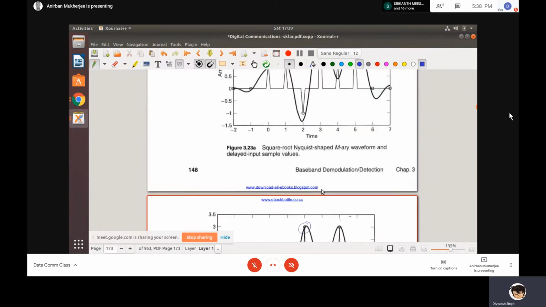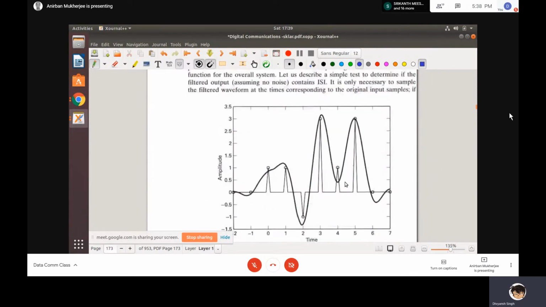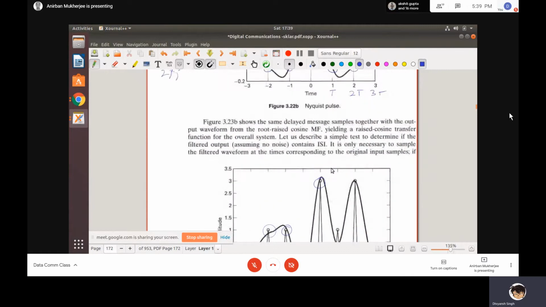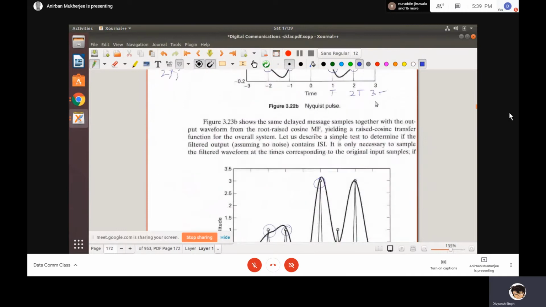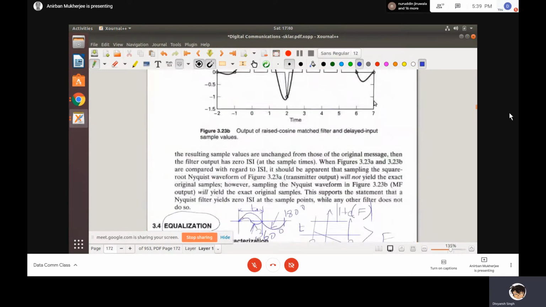But if I do only the square root, not the raised cosine, then please remember that HT and HR, each a root raised cosine, together give a raised cosine. If by mistake you send only the root raised cosine, then sampling is not matched. Even at the actual t value, you are making a mistake. Please read this portion. I am just covering it in a hurry.